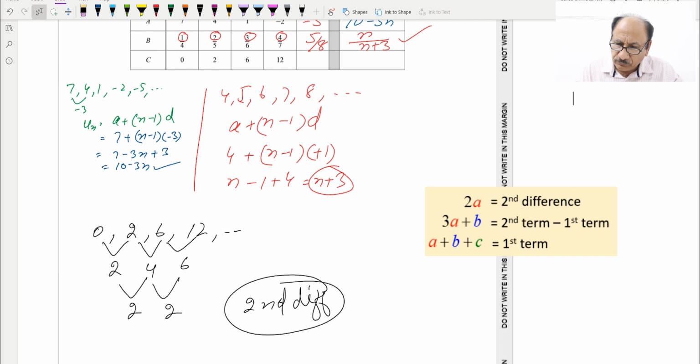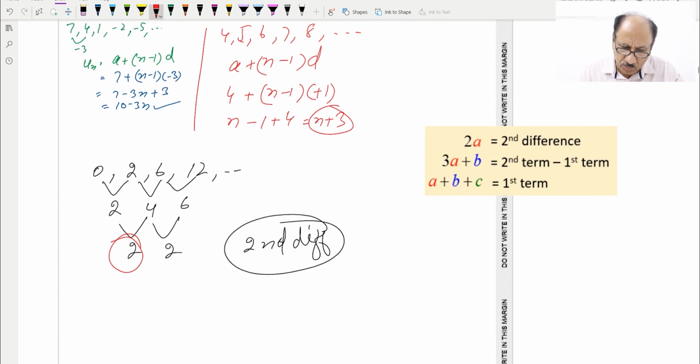So the second difference will be equal to 2a. This is our second difference, so I'm writing here 2a is equal to 2. This implies a is equal to 2 over 2, which is 1. So this is our a value. For the b value, we use the first difference.